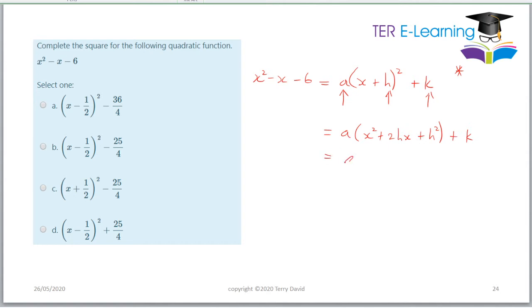So this becomes ax squared plus 2ahx plus ah squared plus k. Then the next step is to equate the coefficients with x squared minus x minus 6, so I've kind of helped you out already.